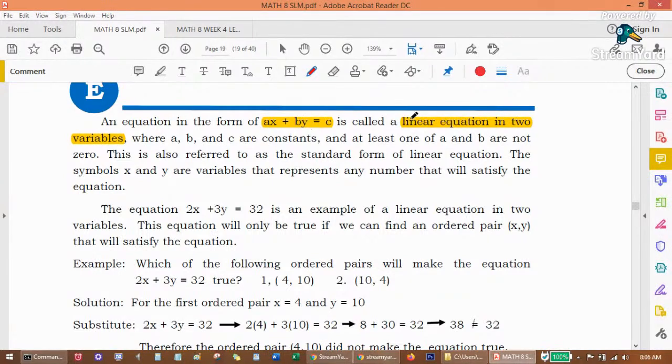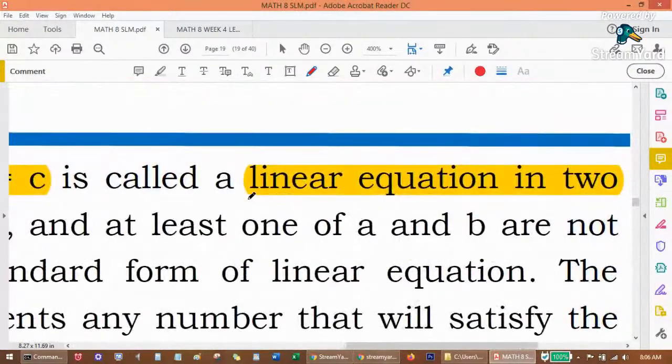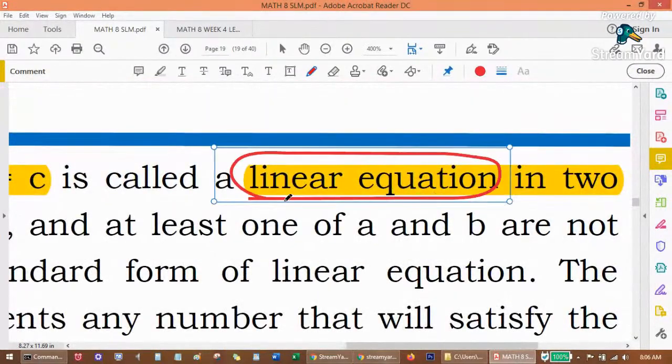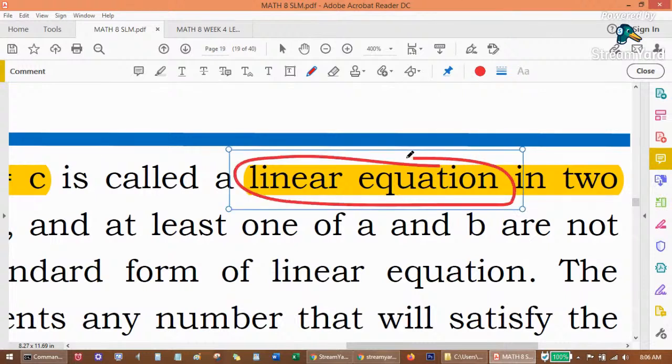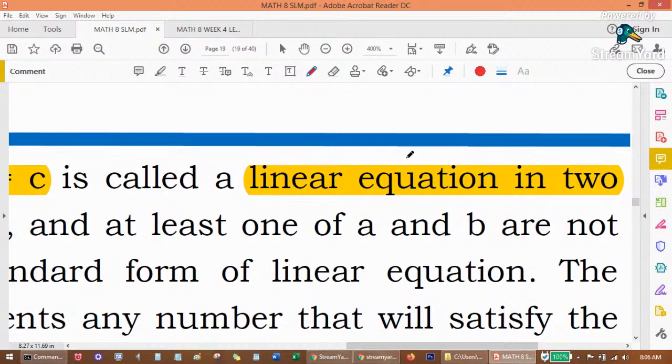So meron tayong tinatawag dito na linear equation in two variables. Linear equation. Ito yung mga equation na kapag ginraph natin will result in a straight line. Yung mga graph ng linear equation ay usually straight lines.